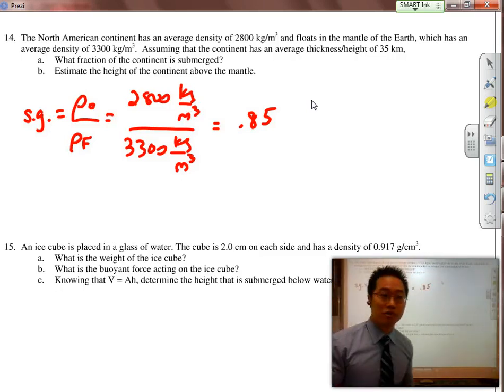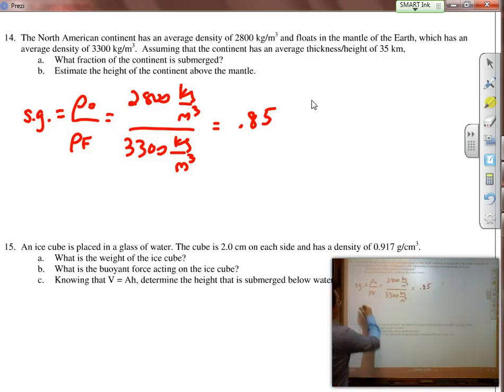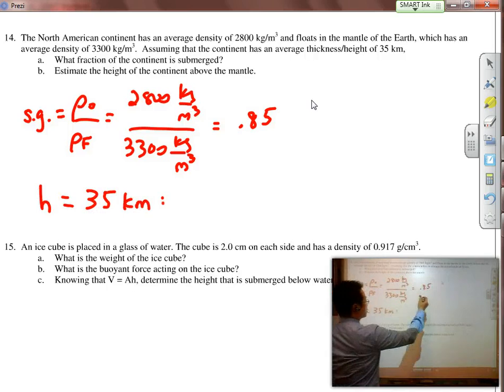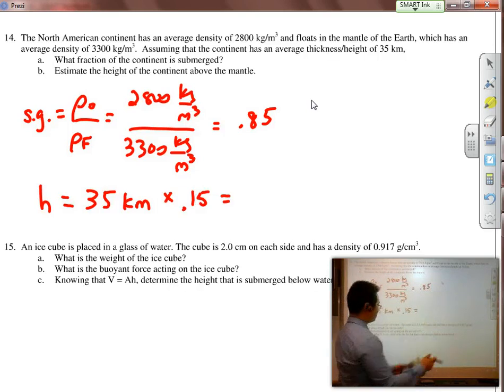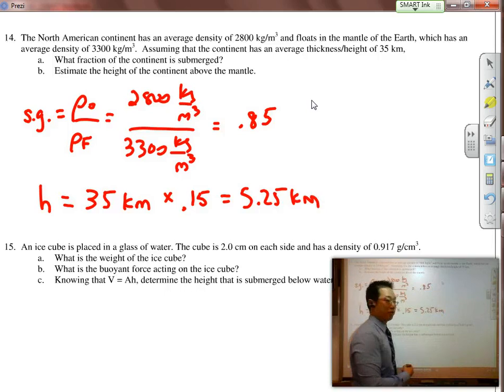And if it's 85% submerged, they're asking what height of the continent is above the mantle. Well, the height was equal to 35 kilometers. So if it's 85% submerged, that means it's 15% above. The answer would be 5.25 kilometers.